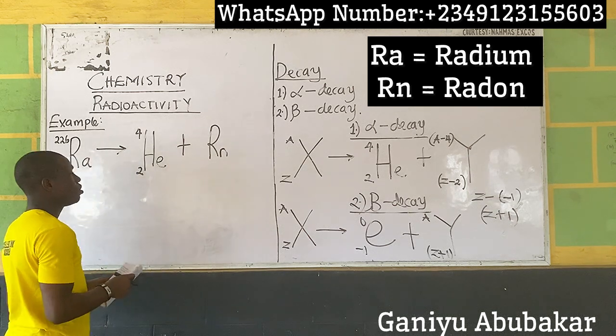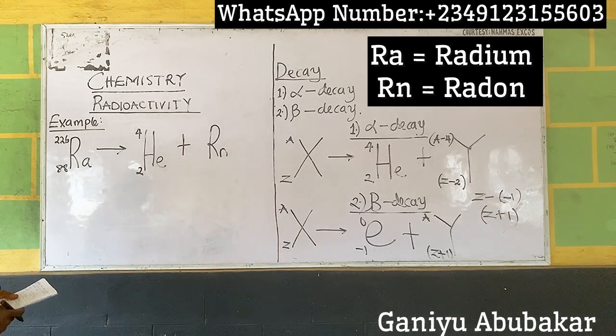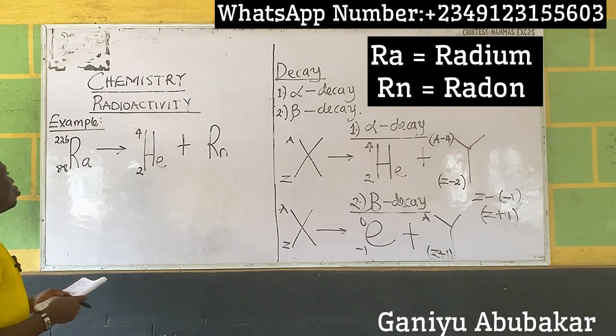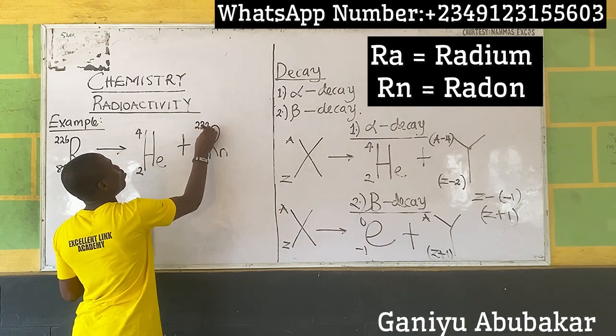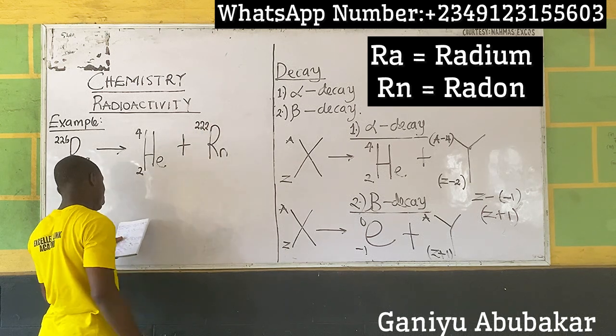Rn is radon. So it forms radon-222, and they give us the mass number as 222.